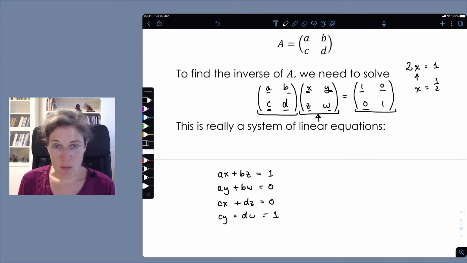And if you felt particularly like torturing yourself, you could go ahead and solve this using Gauss reduction. Notice you've got 4 variables, so this is a 4 by 4 augmented matrix.